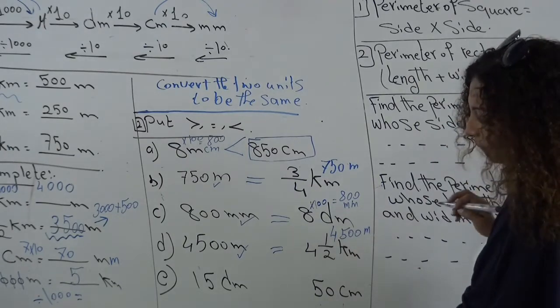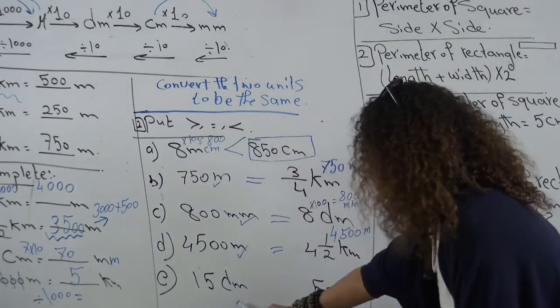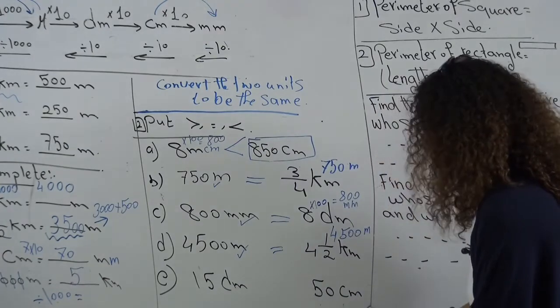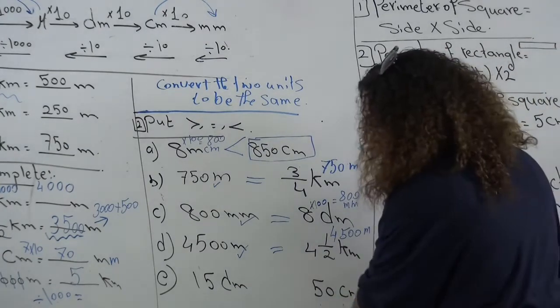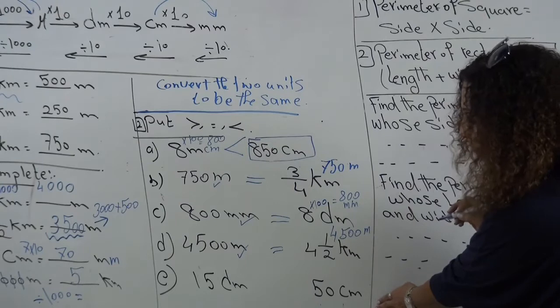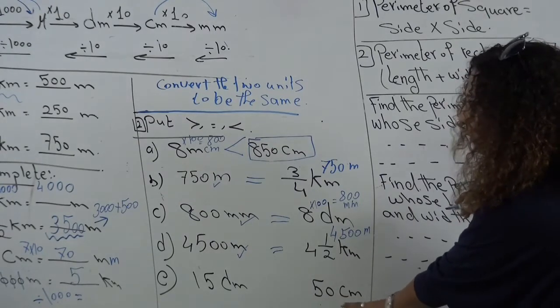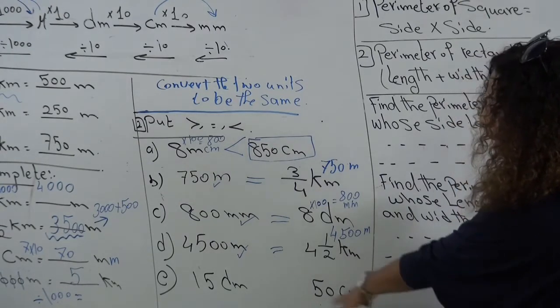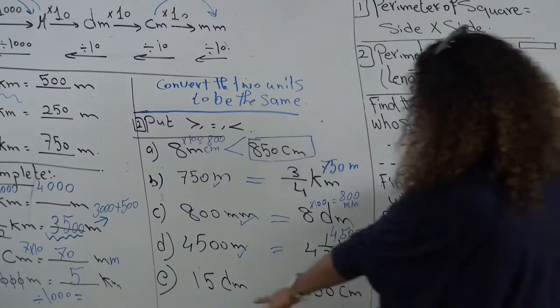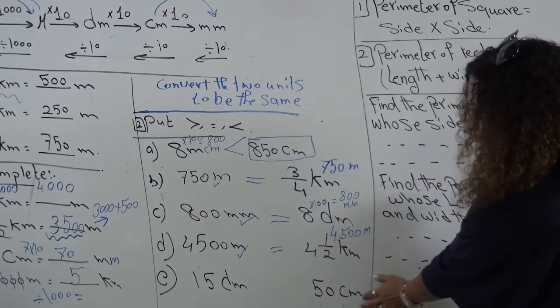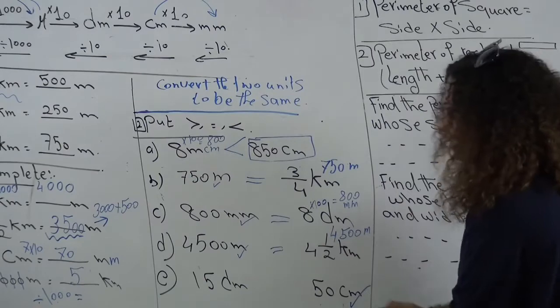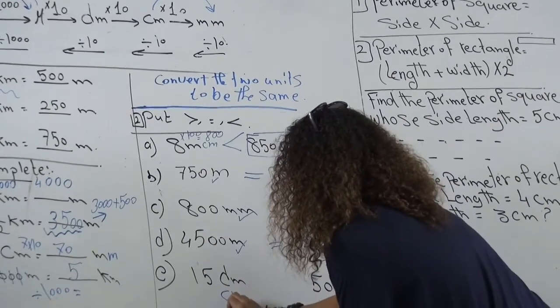So the last one, 15 decimeter and 50 centimeter. If you don't change anything here, you can't make a comparison. I have to convert the 2 units to be the same. Which one is smaller, decimeter or centimeter? Of course, centimeter, keep it as it is. Change decimeter into centimeter.